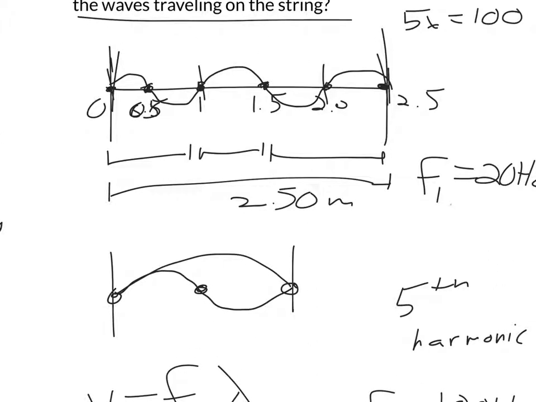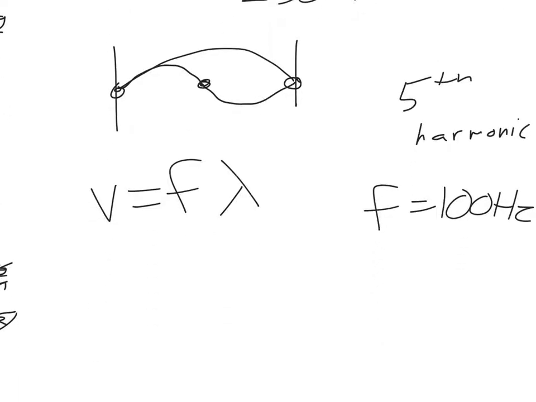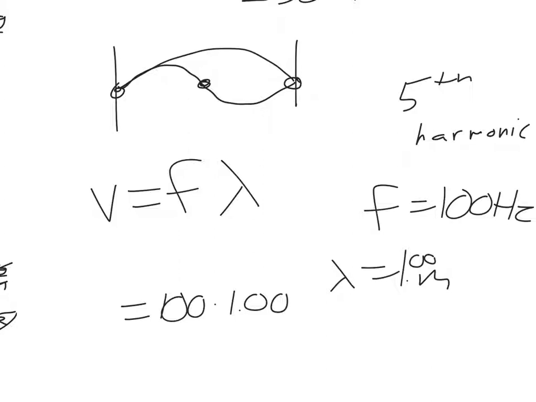A lambda is between any two peaks or any two troughs, or if you skip a node in between. So you have to complete the wave once. So this is a 1 meter wave. So lambda equals 1 meter. Okay, so this is super easy math. It would be 1.00 because that's how many they gave us. So v equals frequency of 100 times 1.0 would be a 100 meter per second wave.